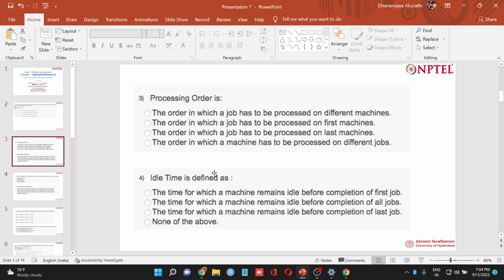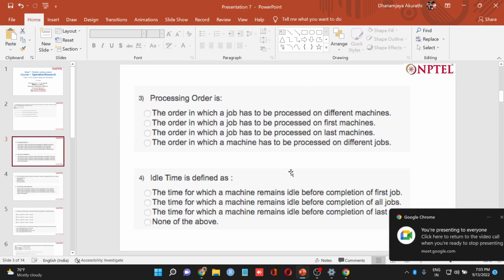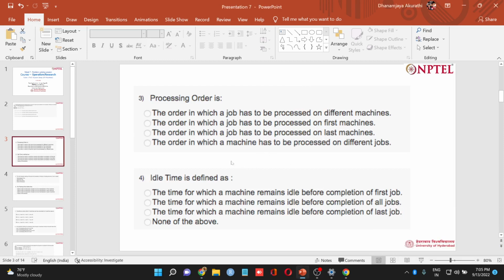In any case, whether n jobs two machines, n jobs m machines, or two jobs m machines, our main objective is to minimize the total elapsed time for a particular sequence or order. So first we have to find that particular sequence.